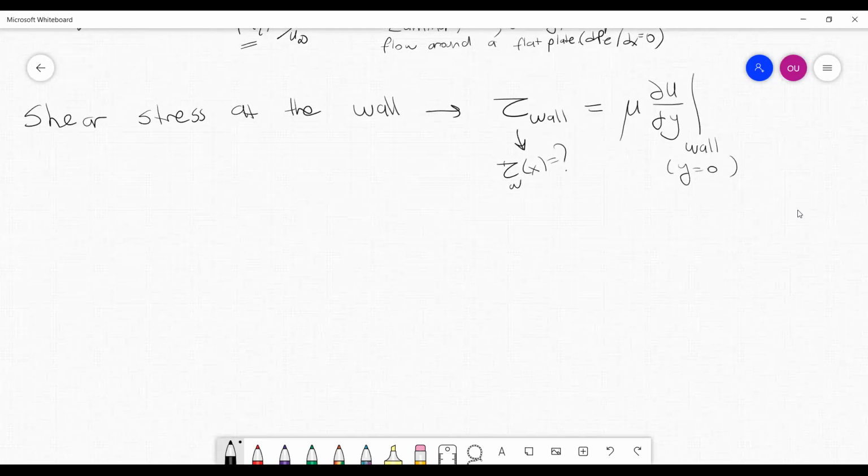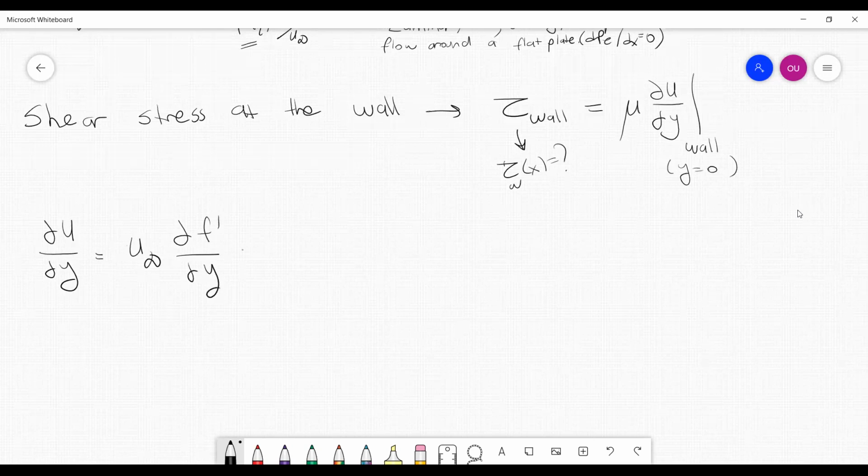For this calculation, we need du dy at the wall, and we can show that this is actually equal to u infinity times df prime dy at the wall, and so this is u infinity times the square root of u infinity over nu times x, times df prime d eta.